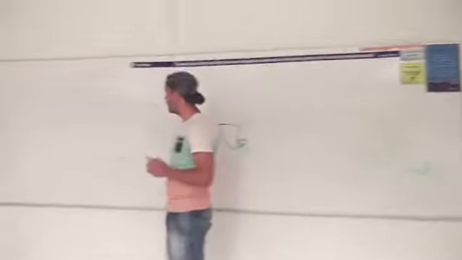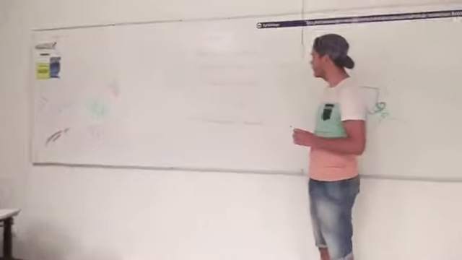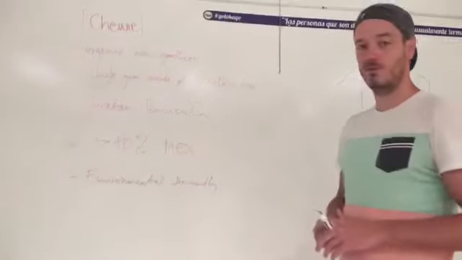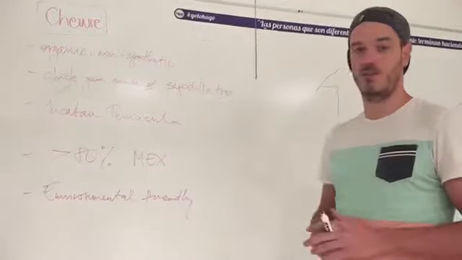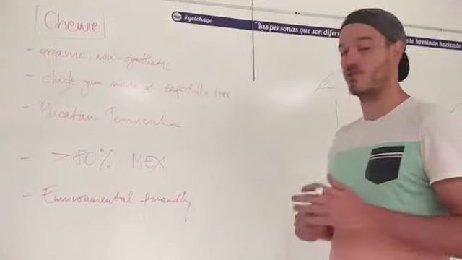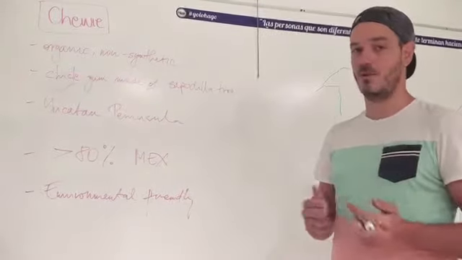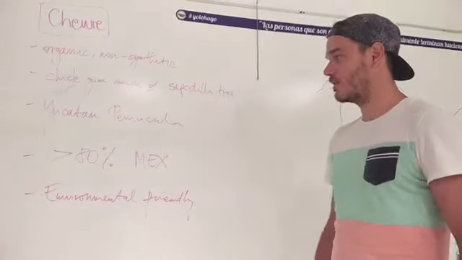These are the characteristics of our chewing gum. Chewy, as I said, is produced in South Mexico. It is an organic and non-synthetic chewing gum made out of chicle gum, which is a part of a sapodilla tree.